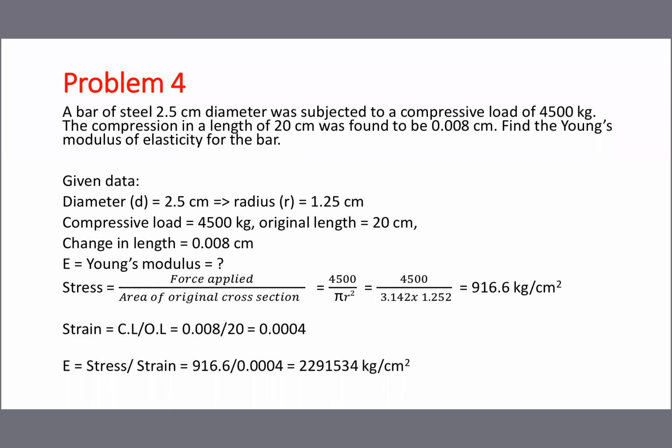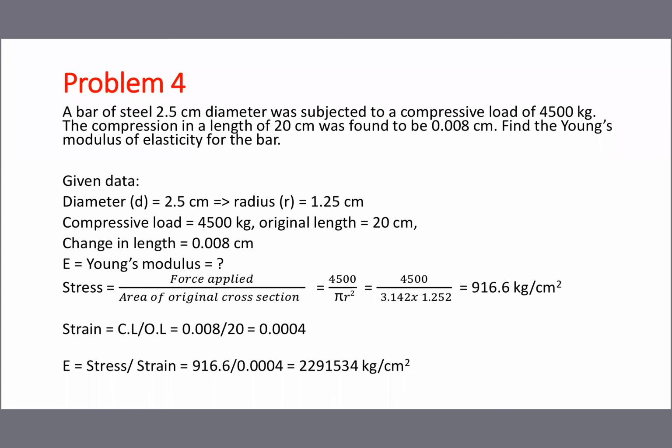So supply the data with the correct unit. Both are in centimeter, so given data correct. Suppose one is given in millimeter, another in centimeter, then you must convert either into millimeter or into centimeter. Here no problem, both are in centimeter. Divide the value, you get 0.004.